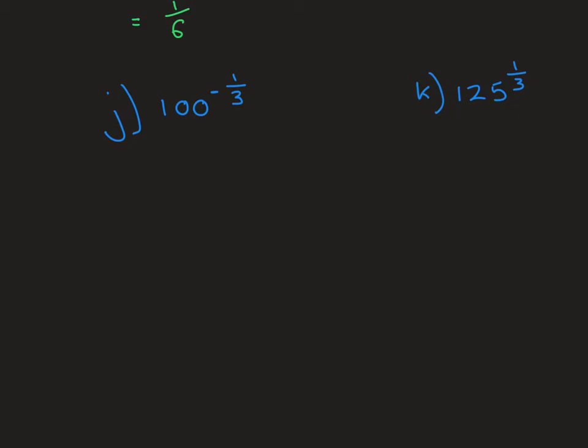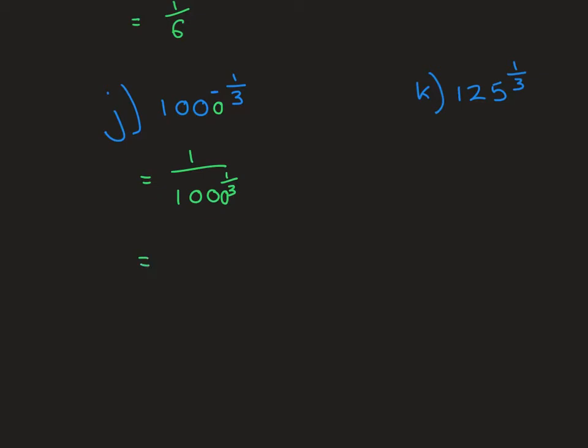All right. So these are both cubed root as well. J is a negative cubed root. So once again, the first thing we do is deal with the negative first. So it's going to equal 1 over 100 to the power of a third. Oh, I think I've got the wrong number here. I think this is supposed to be 1,000, because 100 doesn't have a perfect cubed root.